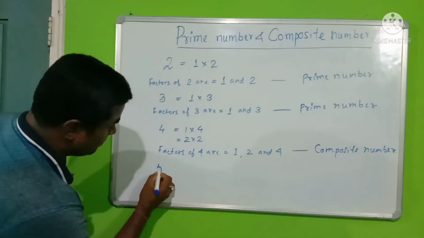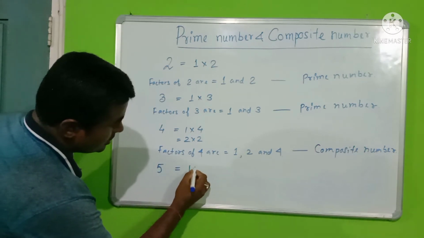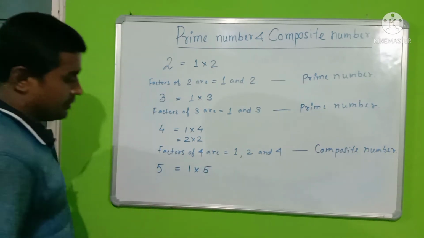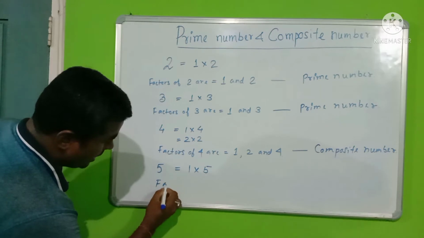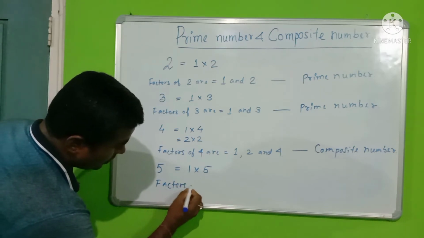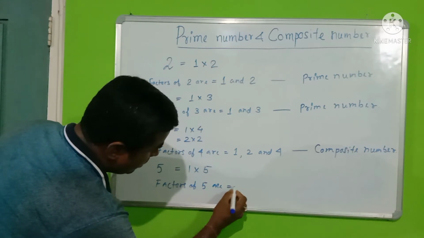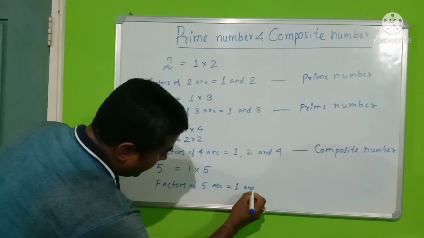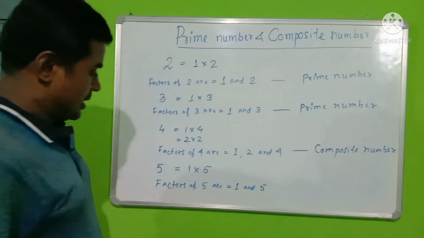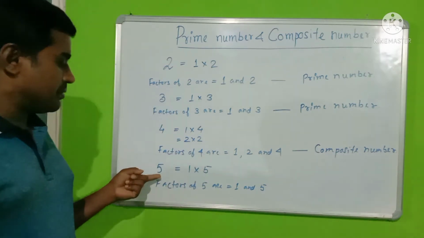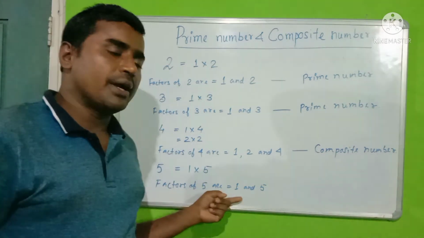Next, 5. 5 is 1 into 5. So factors of 5 are 1 and 5. So observe 5. Factors of 5 are 1 and 5.